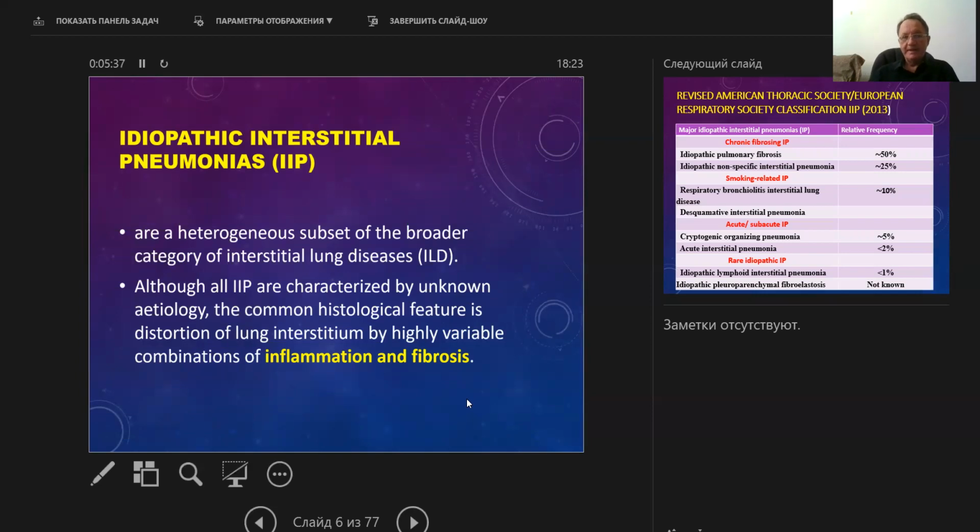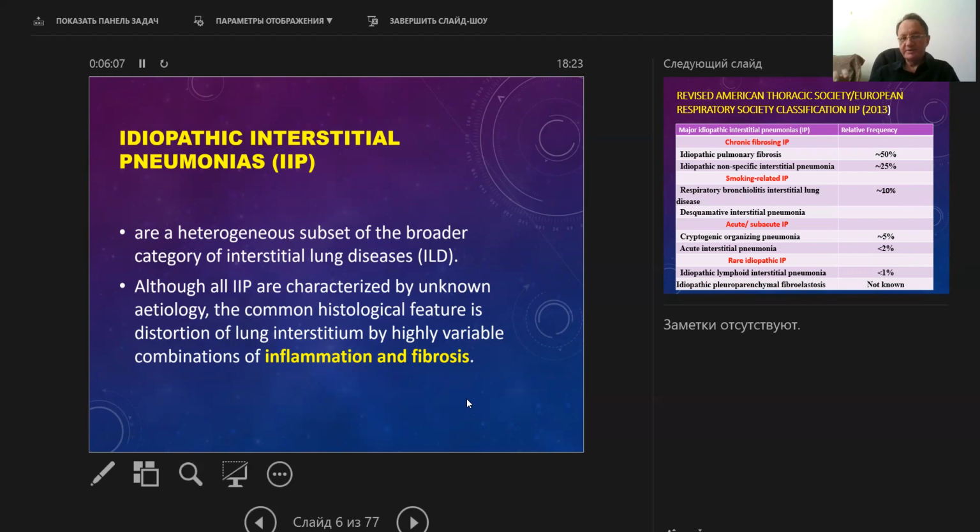So, idiopathic interstitial pneumonia is a heterogeneous subset of the broader category of interstitial lung disease, characterized by unknown etiology. A common histological feature is distortion of lung interstitium by a highly variable combination of inflammation and fibrosis.